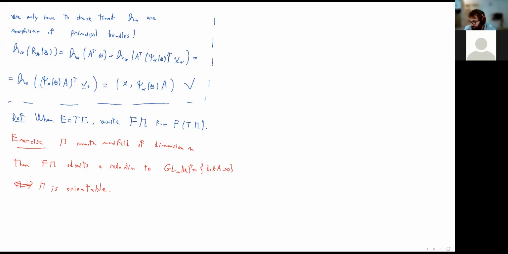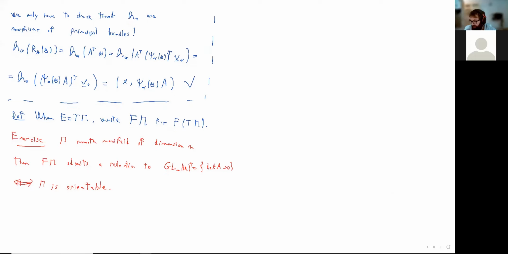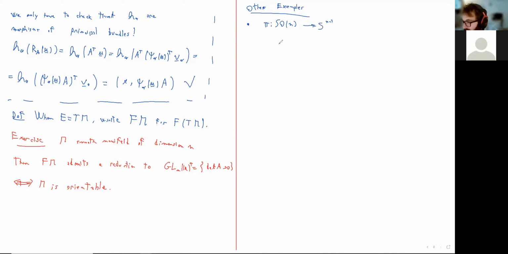So I want to go quickly through some other examples of principal bundles, and then we will be done for today. Other examples. We take SOn into S^(n-1). I take a matrix A, which has a bunch of columns.